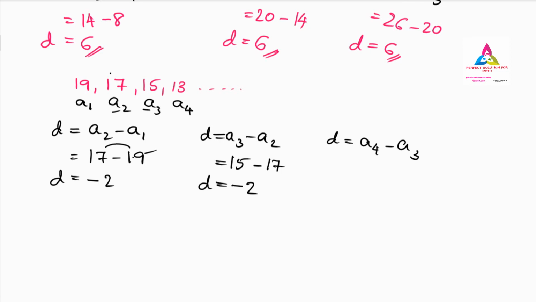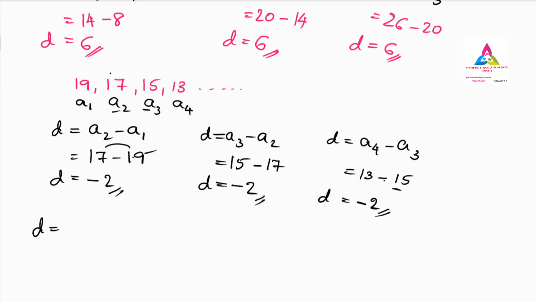That is 13 minus 15. Again the larger number is 15, so it has the negative sign, so the value is minus 2. Again you can see over here all the D values are minus 2 only. So common difference will not be different, it will be the same throughout the sequence. If the common difference is different, then the given sequence is not an AP, but in this case it is an AP. So we can conclude that the D value is the same throughout the sequence.